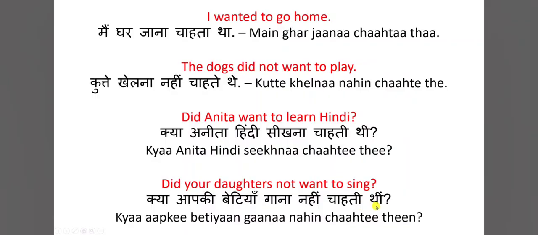Here ती and थीं are selected because बेटियां daughters is feminine and plural. Okay? Yes. So this is how we frame sentences with wanted.